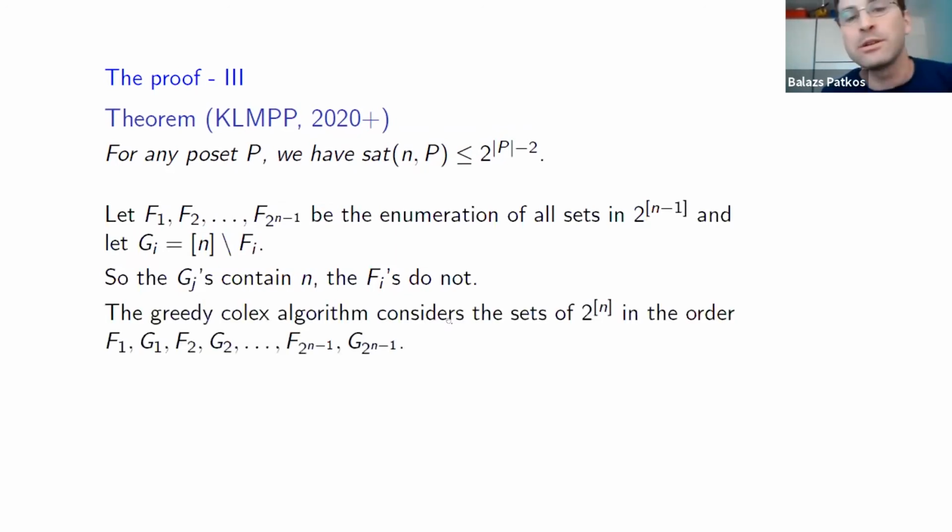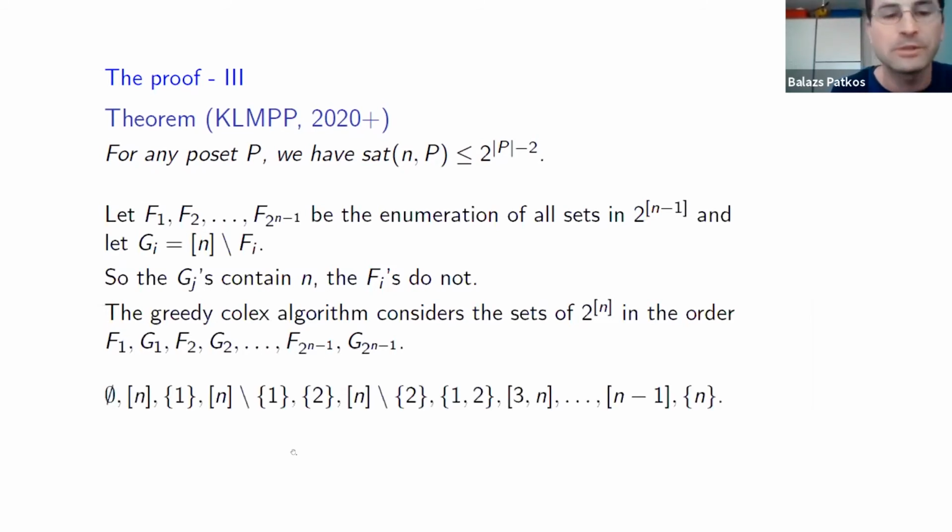And then the greedy colex algorithm considers the sets in this order. First I take the first set in the colex ordering, then I take its complement. Then the second set in the colex ordering, then its complement, and so on. So how does it work? I start with the empty set, then the whole underlying set, then singleton 1, then its complement, singleton 2, its complement, {1,2}, its complement.